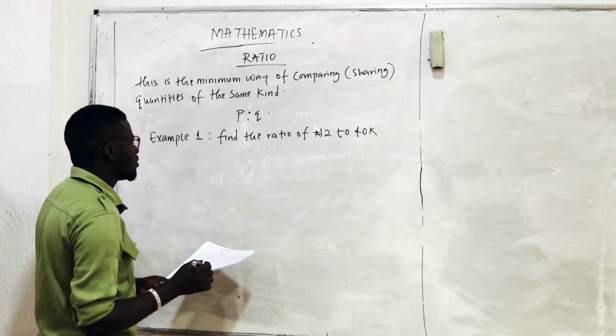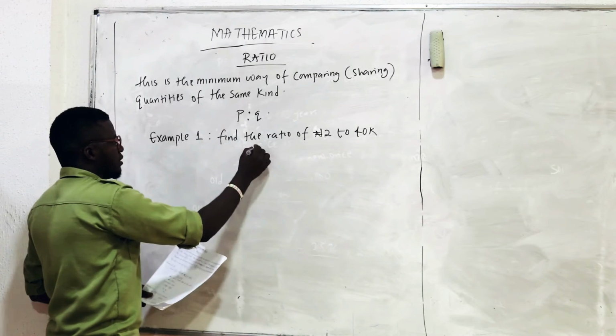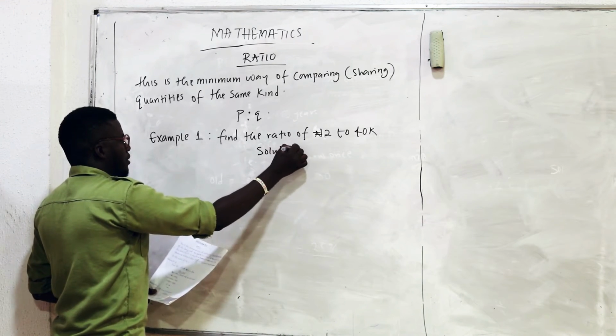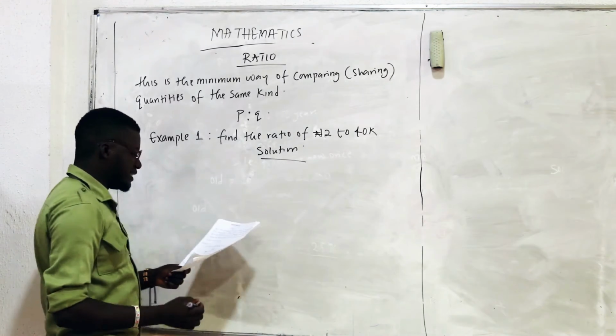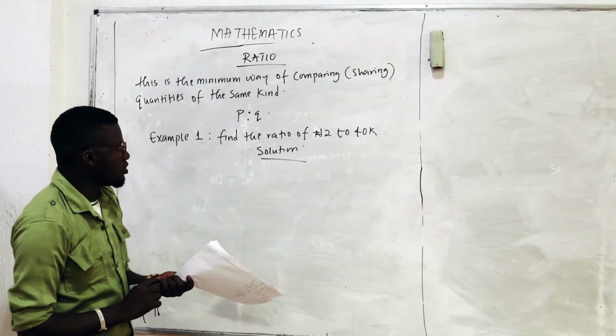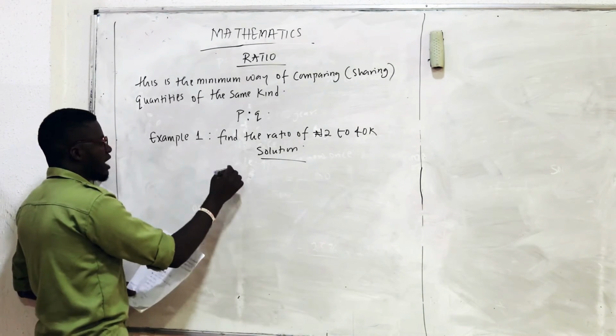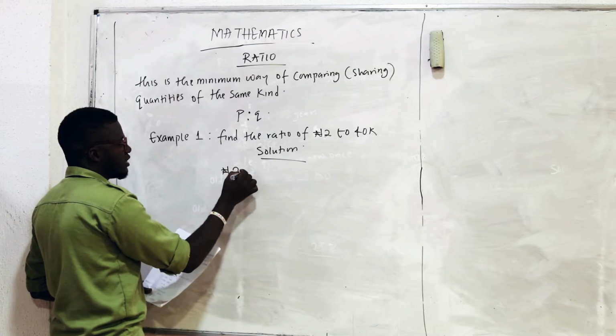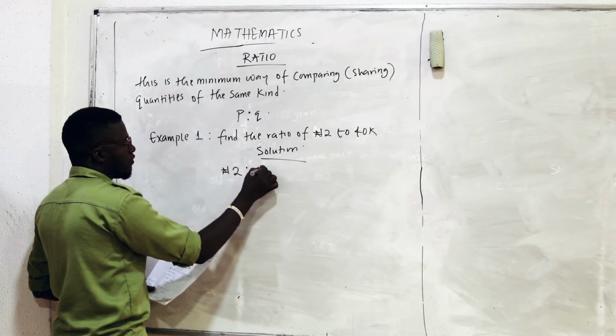Solution: I'm going to represent this using the ratio sign. So I'm going to have 2 naira ratio 40 kobo.